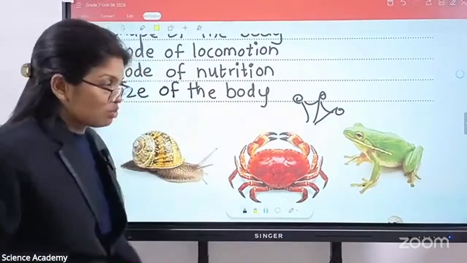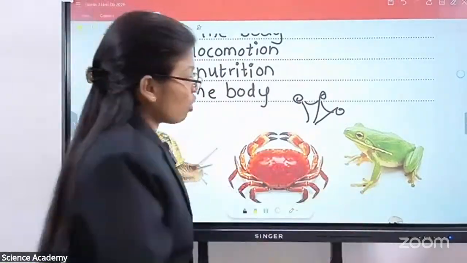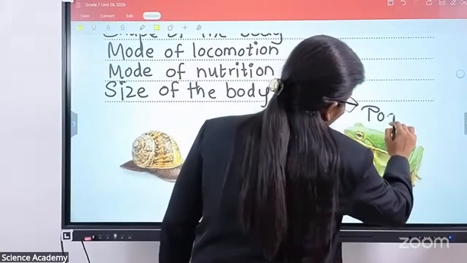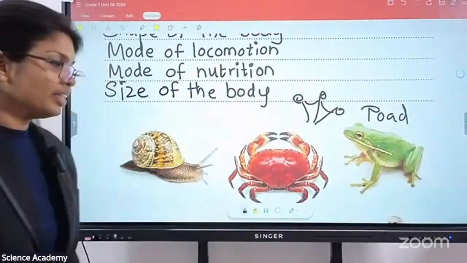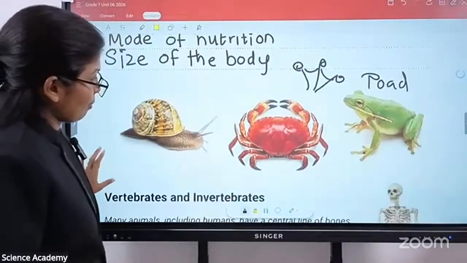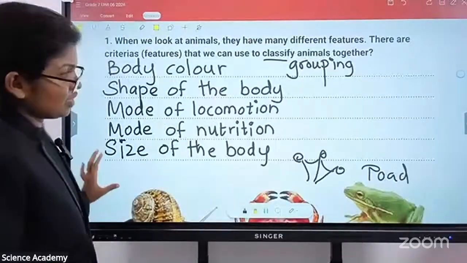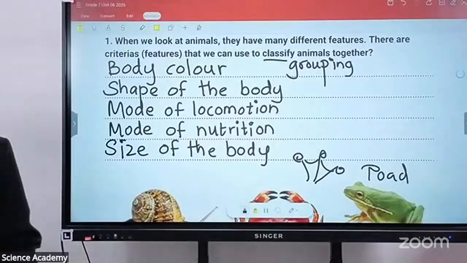That is one of the differences between a toad and a frog. I hope that you have written these few points.